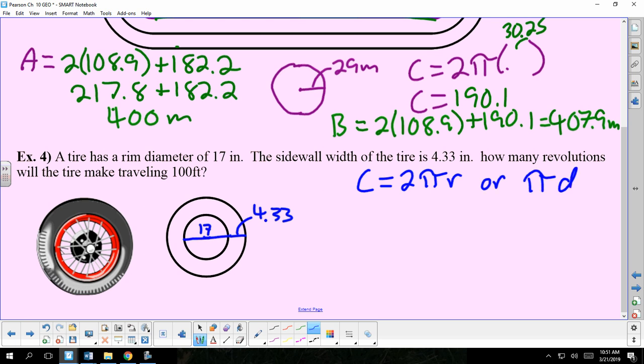Either way will be fine. Pi times diameter might work a little easier. They're both the same, right? Since I know the sidewall is 4.33, the diameter is 17 plus 4.33 plus 4.33 again.